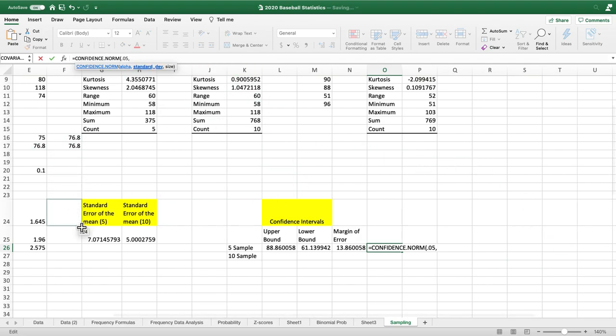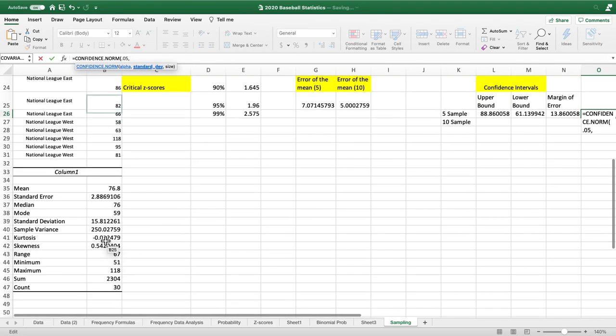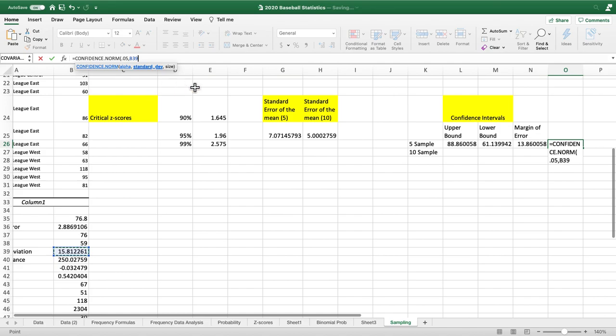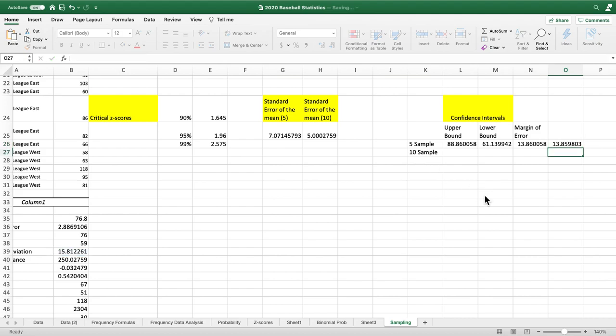Then my standard deviation, we come back and find the standard deviation of our population. Then we look at our sample size, which is 5. Type 5 in, and we get the same answer. It's a little bit different because of decimals and rounding in Excel, but overall we're still going to get 13.86.